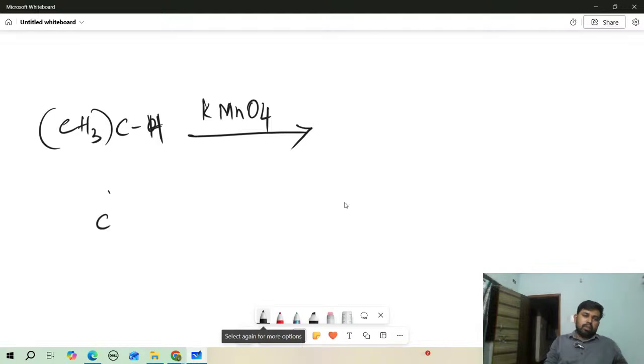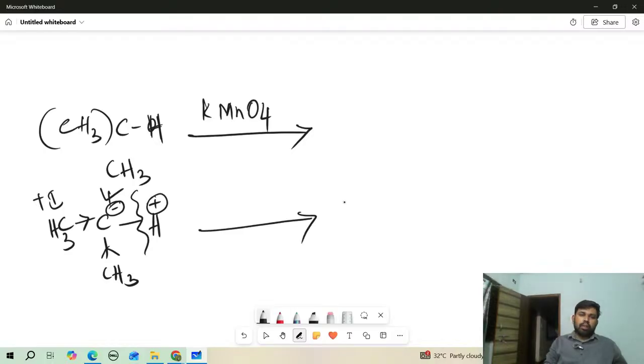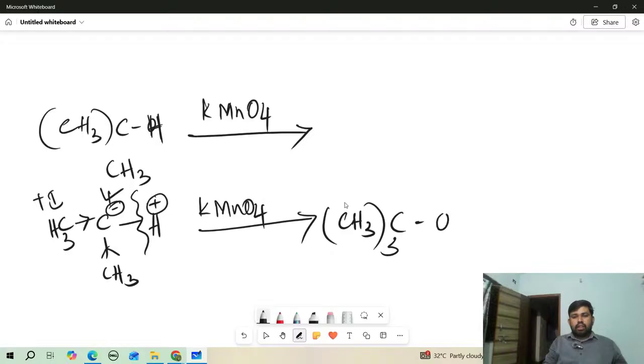With a primary carbon it is not possible to remove the hydrogen easily, but here the alkyl groups are electron donating because of the positive inductive effect, so this bond is easily broken with an oxidizing agent like KMnO4. We get (CH3)3COH, a tertiary alcohol.